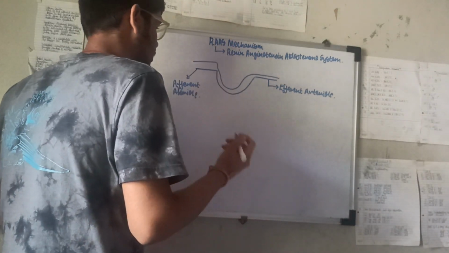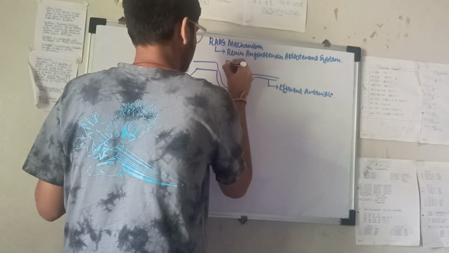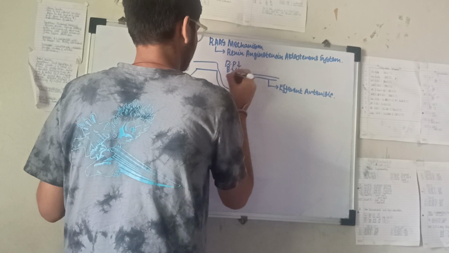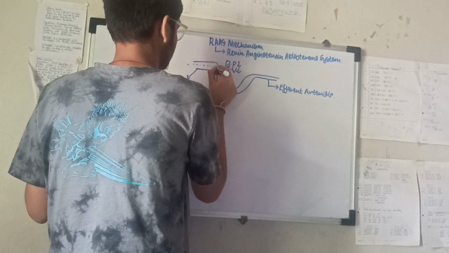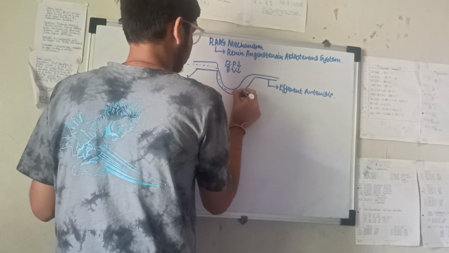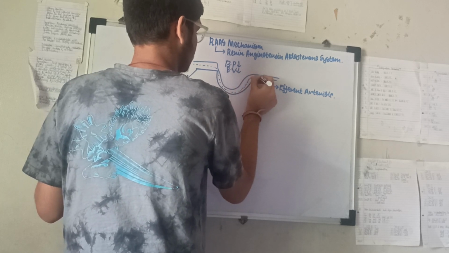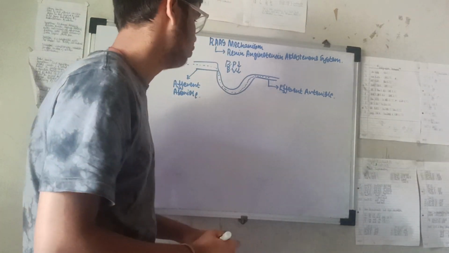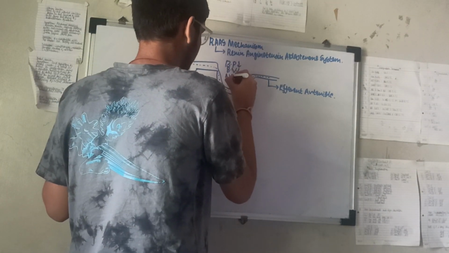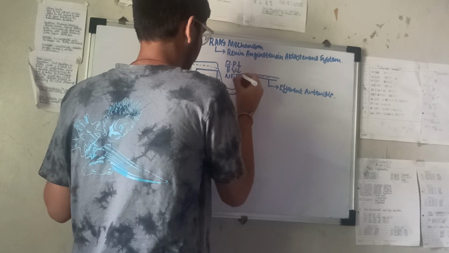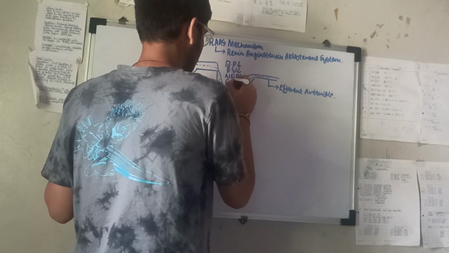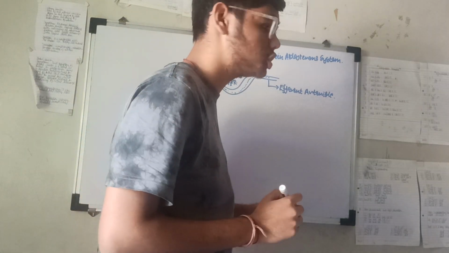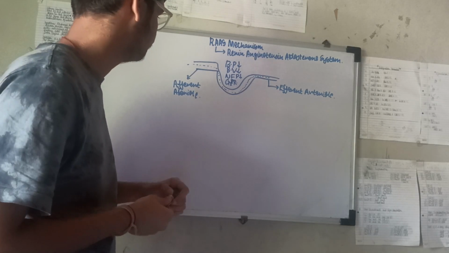So when the blood pressure is low, blood volume is eventually low, thereby there is a slow passage of the liquid. So this reduces net filtration pressure, NFP, thereby reducing GFR, that is, glomerular filtration rate is reduced.